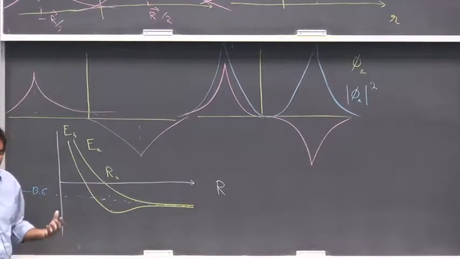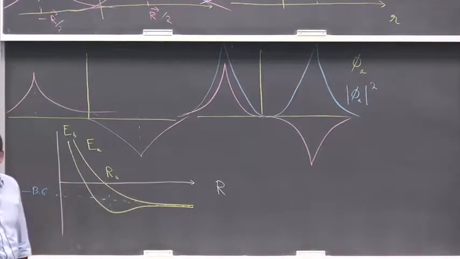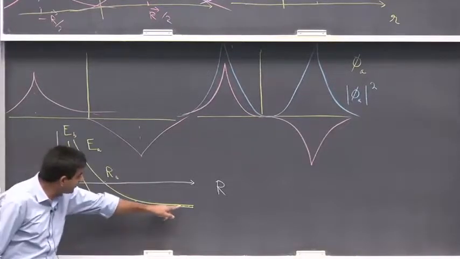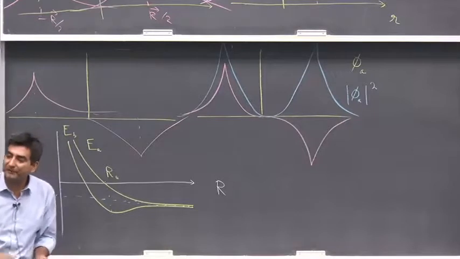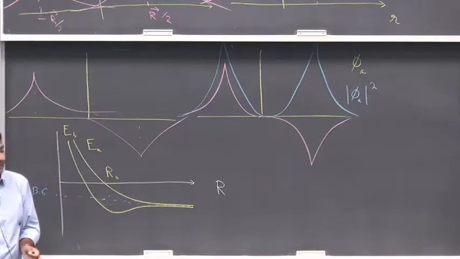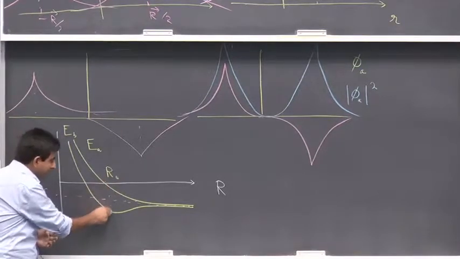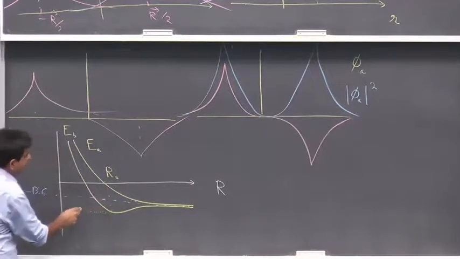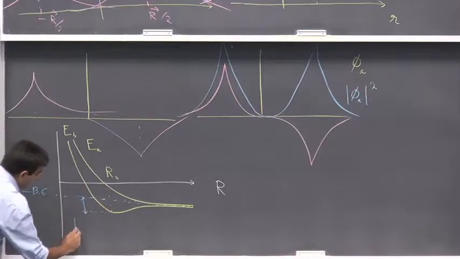If the two nuclei come close together, so you're moving towards the origin of this graph, then the energy for the bonding molecular orbital state decreases. So the electron prefers to be in the bonding molecular orbital state. And it prefers to take up the equilibrium bond length. And this is actually the binding energy of the molecule. This is called the binding energy.